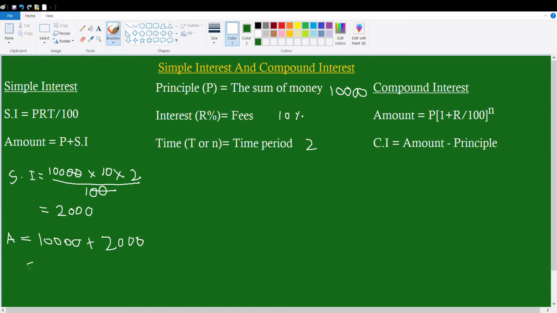So total is 12,000 rupees. So at the end of the second year, we have to pay 12,000 rupees.